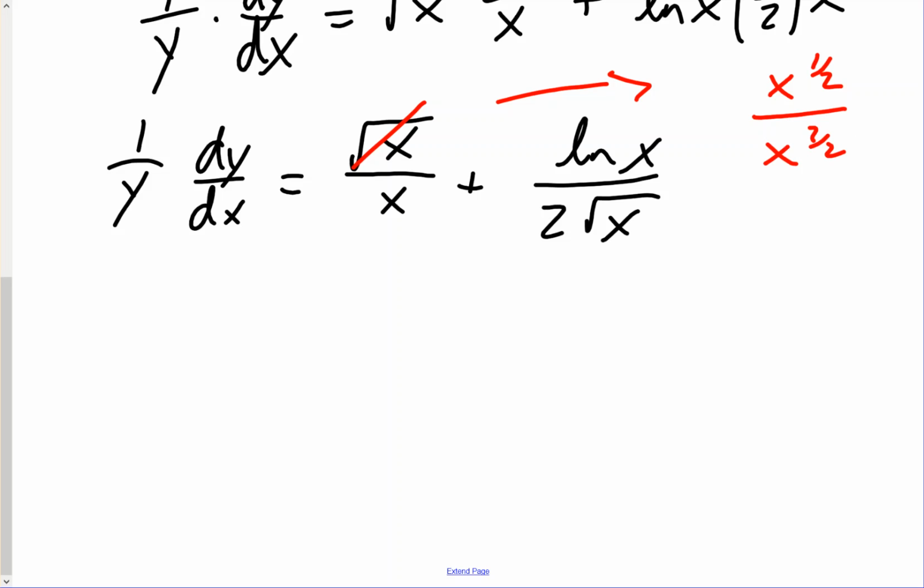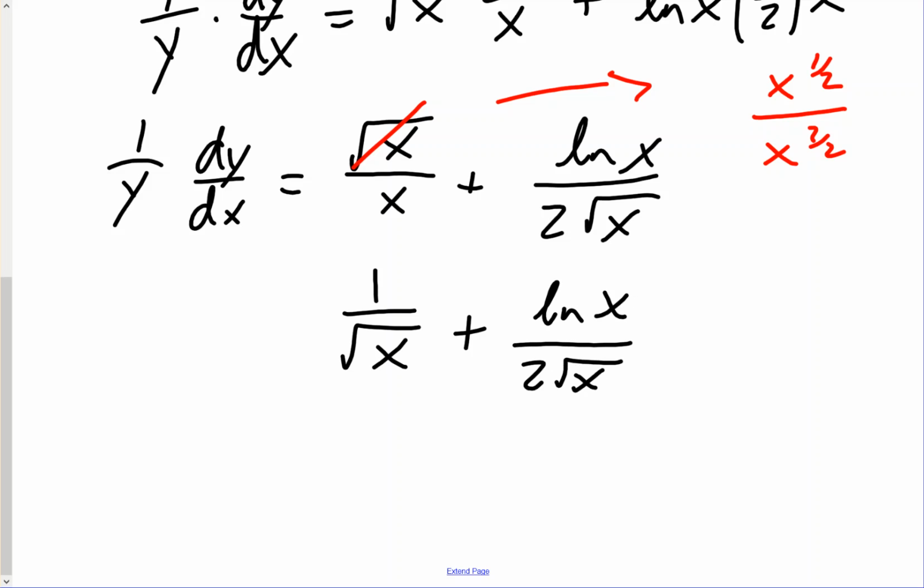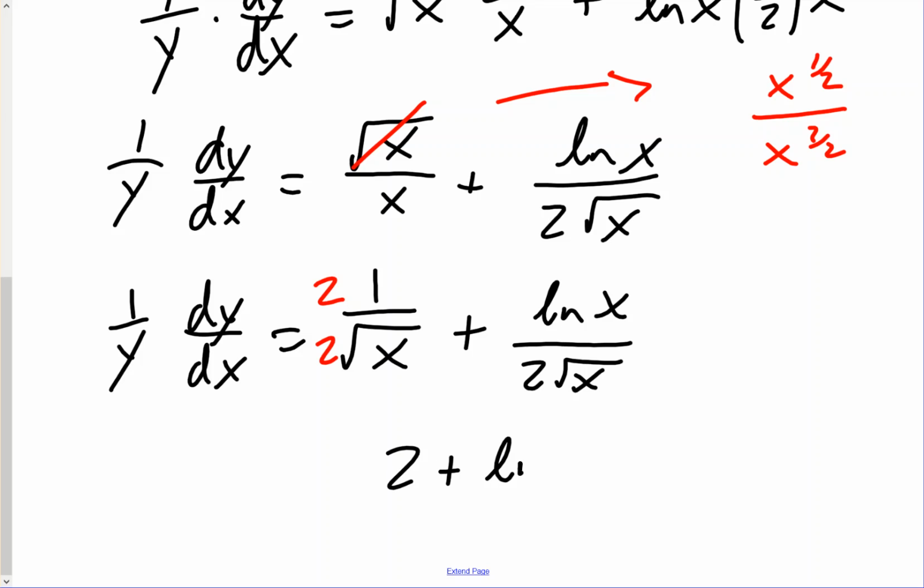We would be resulting with 1 over x to the 1/2. So 1 over square root of x. And then to simplify even further there, we can multiply top and bottom of this left fraction by 2. So that means we combine it into one fraction, 2 plus ln x over 2 square root x.